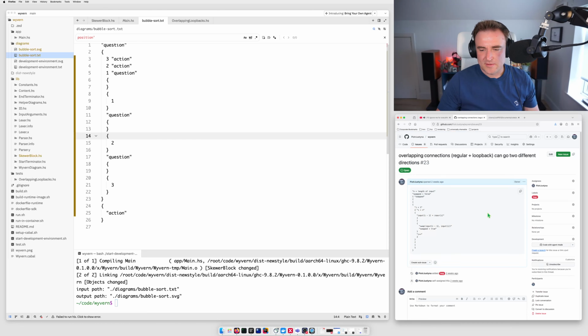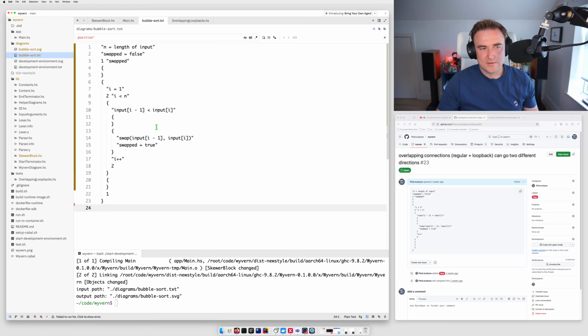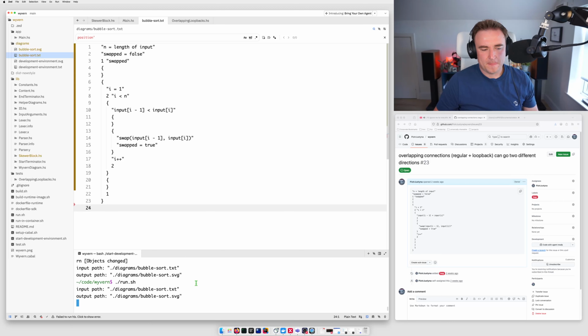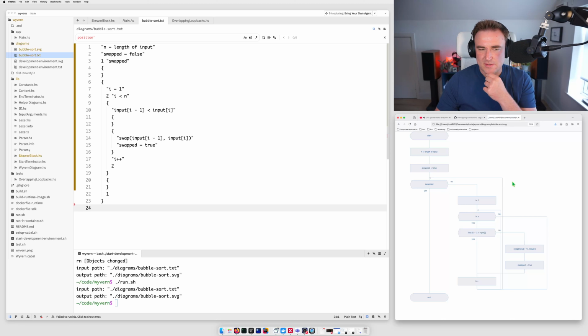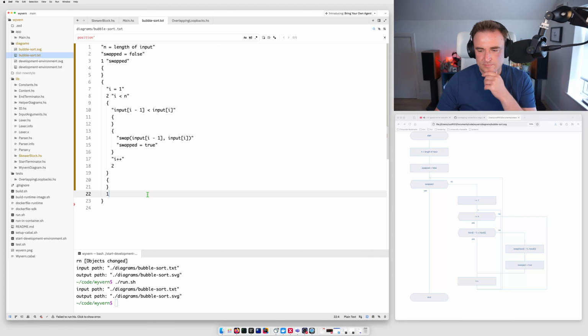Let's see if this could be a small, easy win for us today. Overlapping connections, regular and loopback can go two different directions. Oh, so there's a lot happening here. So let's see what we are working with. First of all, remove this.